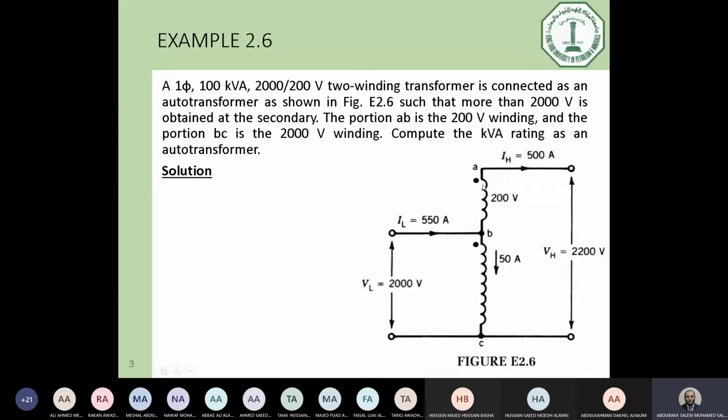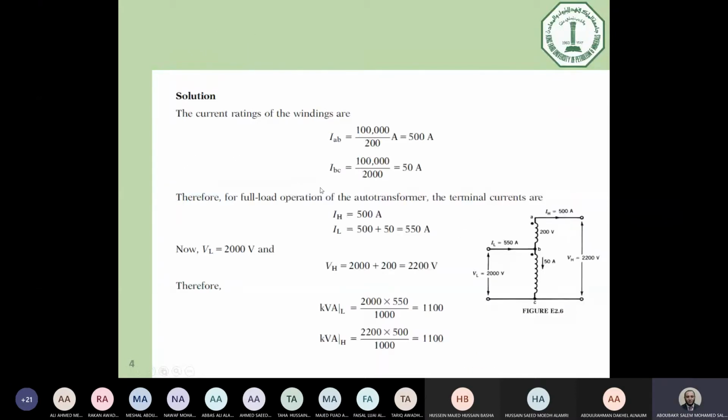Due to this connection, 50 ampere is going to move in this coil, 500 in this coil, and applying Kirchhoff current law at point B, you will find that the input current is 550 ampere.